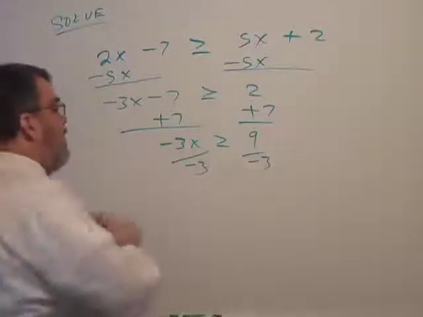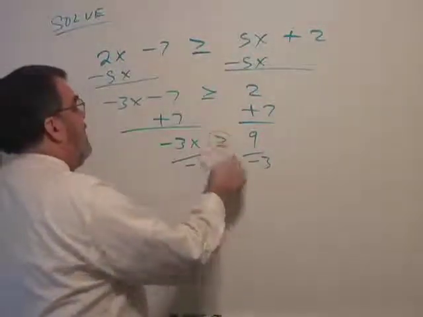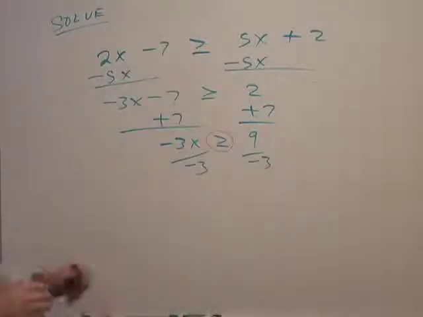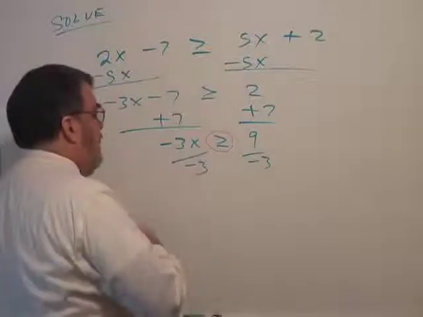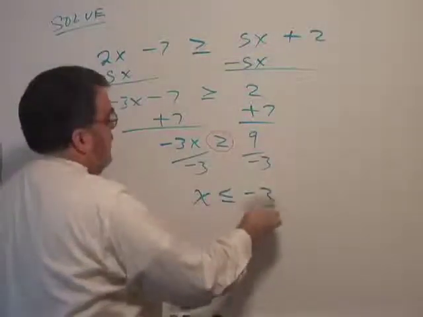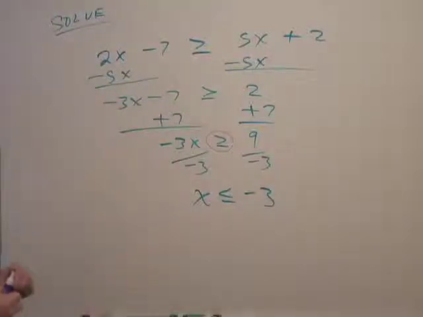By causing the reflection, it changes the orientation of the numbers, which means I have to change my inequality symbol. So the negative 3's cancel, and I get x is now less than or equal to negative 3. And there's my answer.